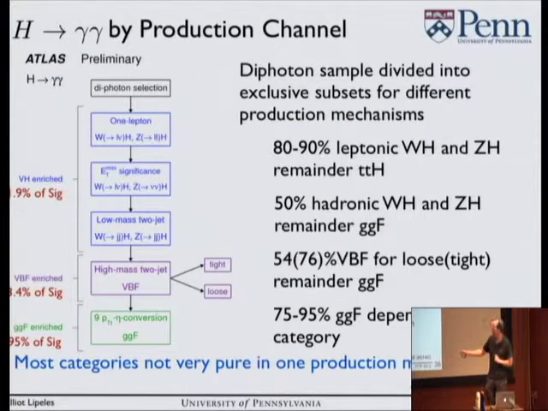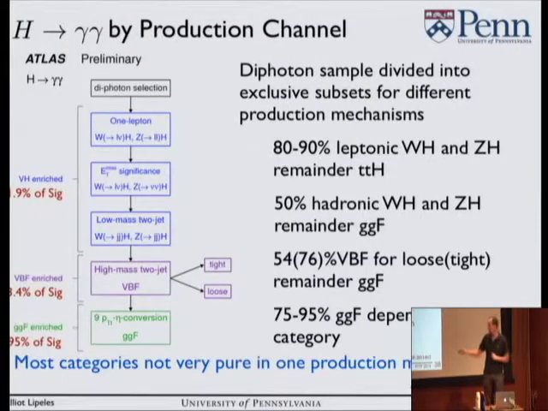Then I'll say, okay, if there's two jets, but they're low mass, so they're not high enough mass to be a VBF, then they're probably WH or ZH where the W or Z went to jets. And so now I have another category for that. And then finally, I get down, well, now I have two jets, but these two jets are too high mass to be from associated production. Maybe they're from VBF.